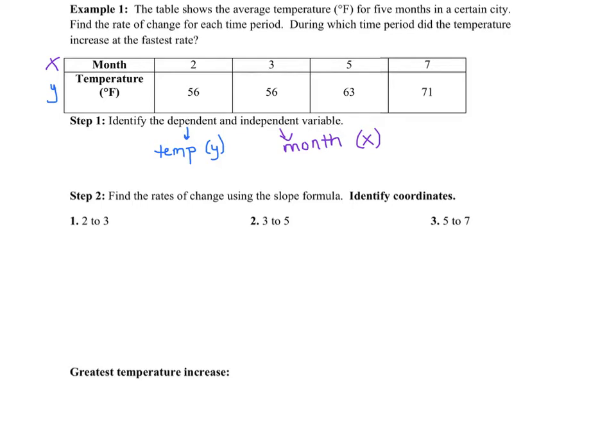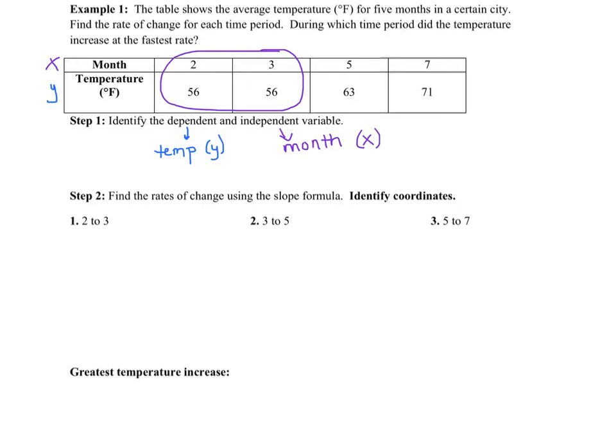It says find the rates of change using the slope formula, and identify your coordinates. In number 1, it says 2 to 3, so we want the rate of change from month 2 to month 3. From month 2 to 3, it goes from 56 to 56.